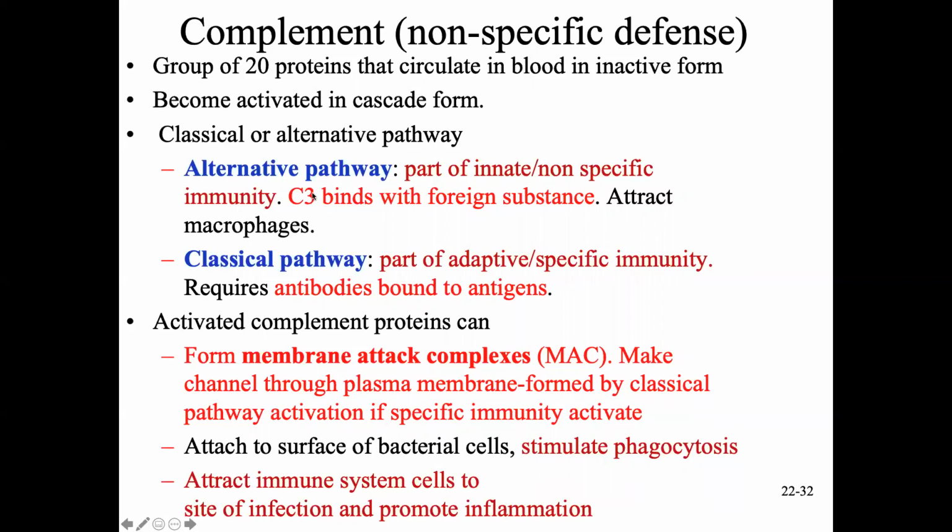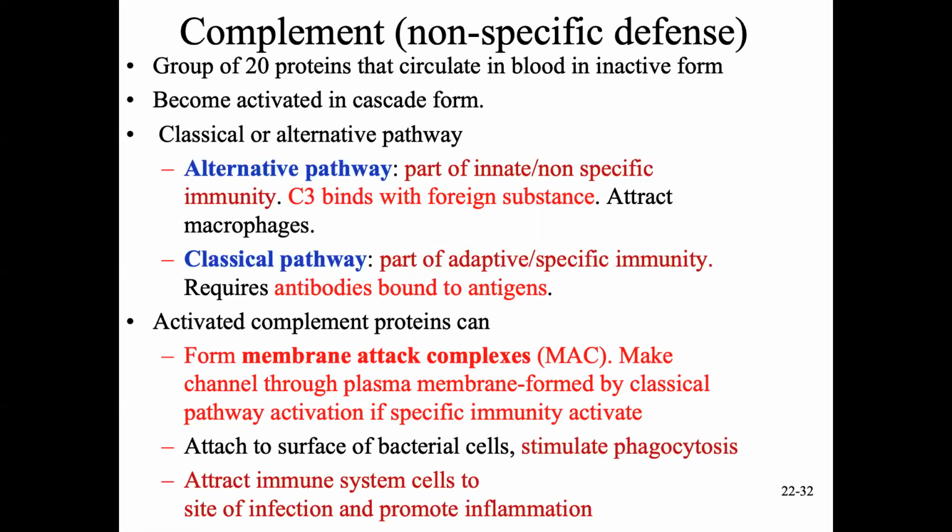Now, let's come back and talk about the pathways. The classical pathway means that you have an infection, it's already kind of seeded itself in your body, in your immune system, and now we're going to activate the specific immunity, right? So you have a bacterium that's in your body. You've been previously exposed to it by a vaccination or by previous infections.